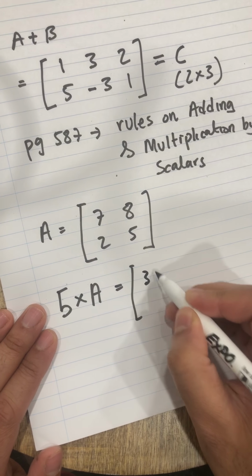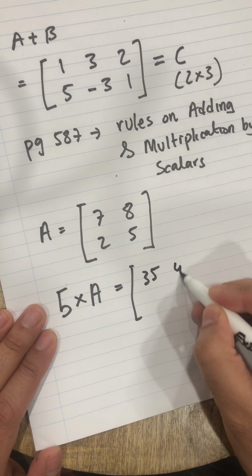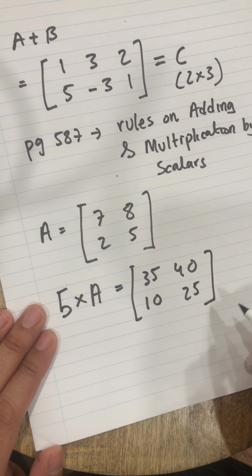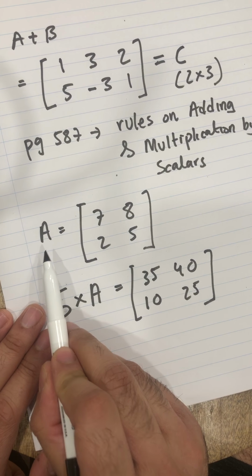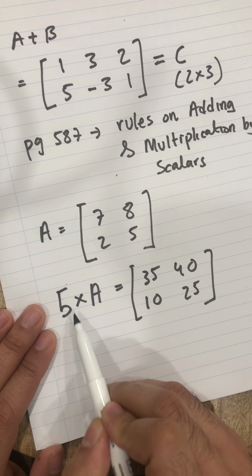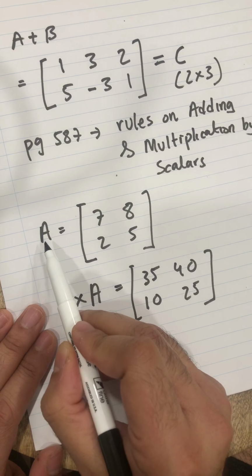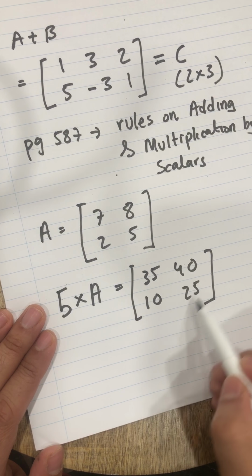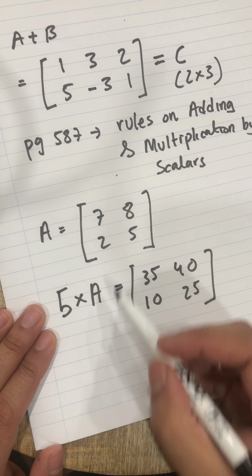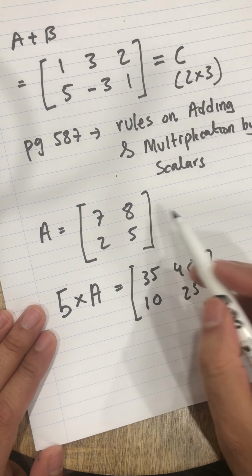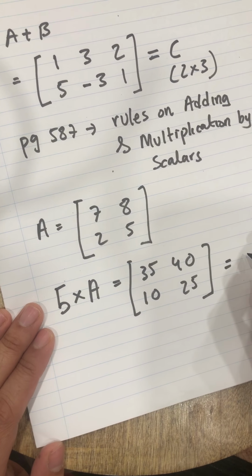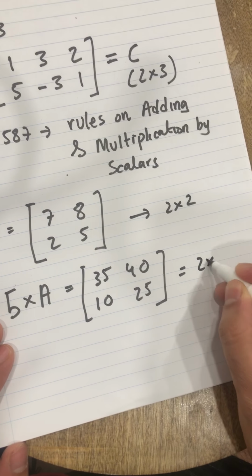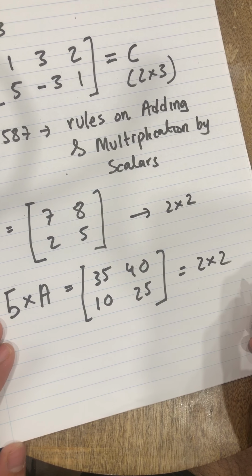So 7 5s are 35, 8 5s are 40, 5 2s are 10, 5 5s are 25. If this is matrix A, 5 is a scalar or constant which is getting multiplied to the matrix, and the resulting matrix is the one over here. Obviously it's also of the same order: this was a 2 into 2 matrix, and this is also a 2 into 2 matrix.